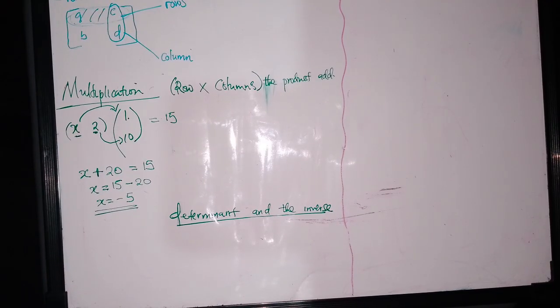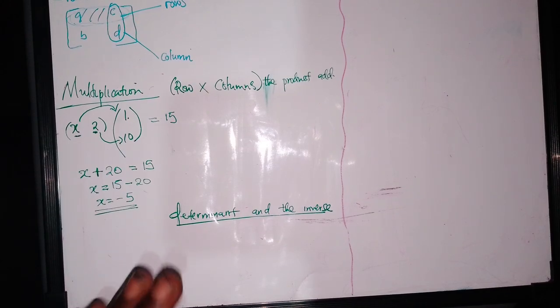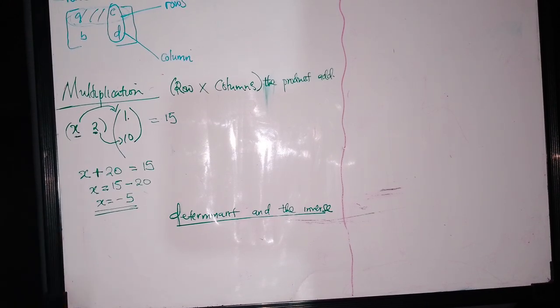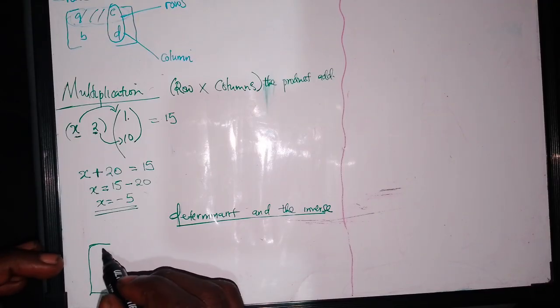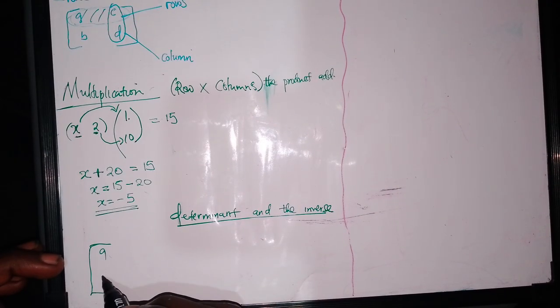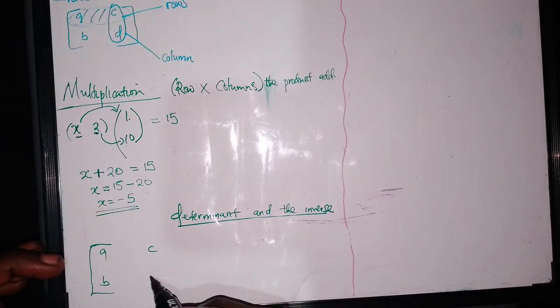Everything on matrix is on the arrangement. Just know how rows and columns are arranged, because everything starts from the arrangement. So again, going back to our arrangement, we have A, B, C, and D.